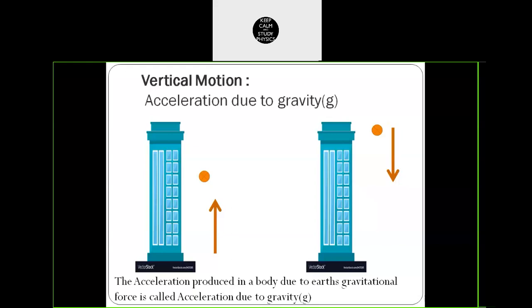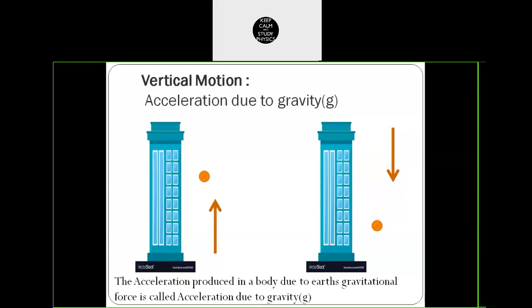Coming to the next one. Suppose you're standing on top of a building and you're just dropping a ball. It is called a freely falling body. You're dropping, not forcefully throwing.